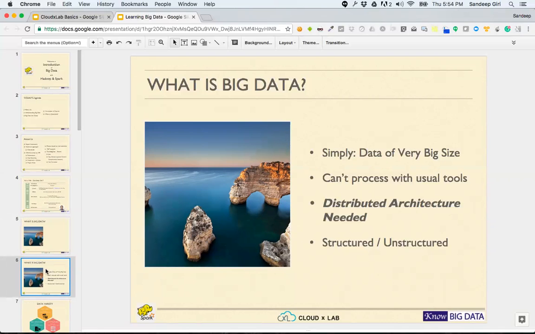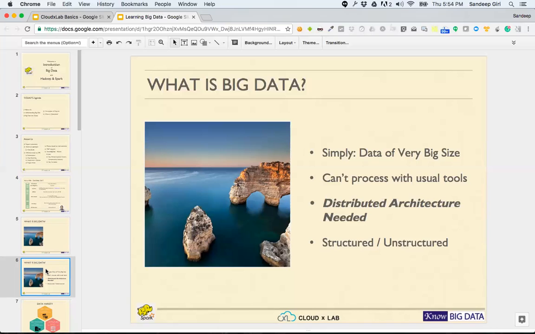Okay, so now coming back to big data. It's simply data of very big size that you cannot process with usual tools. When somebody says data of very big size, the next question that comes to your mind is, what kind of size are we talking about? Your answer is that you cannot process it with usual tools. Now you will have the further question, what kind of usual tools?